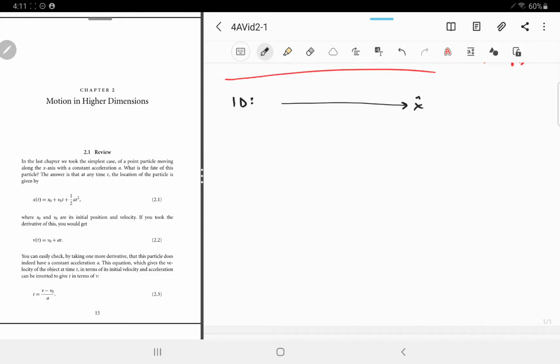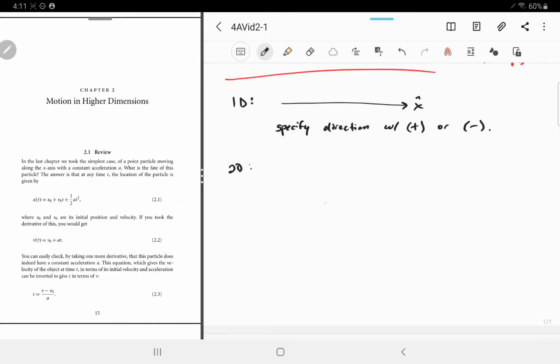Delta x being negative overall means you've gone to the left. So in 1D, we can specify direction just with a positive or a negative sign, and that's it. We didn't really need to do anything else. Once you specify the positive x direction, you know what's the positive direction, what's the negative direction.